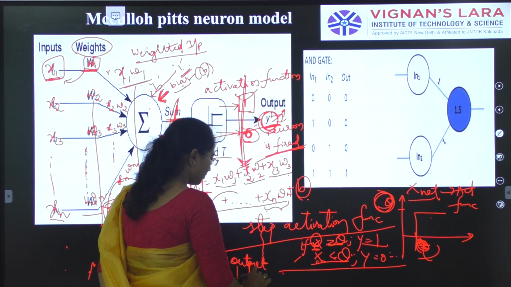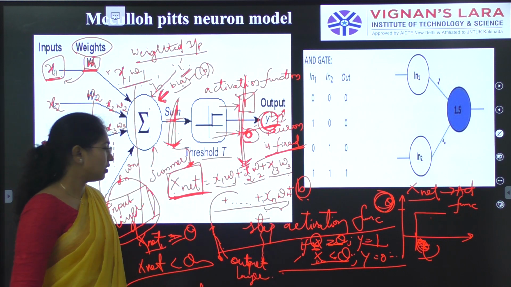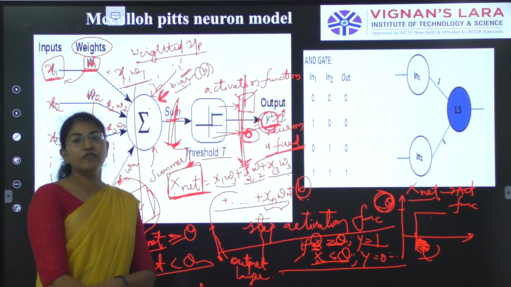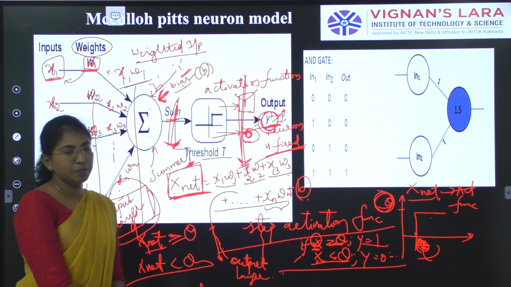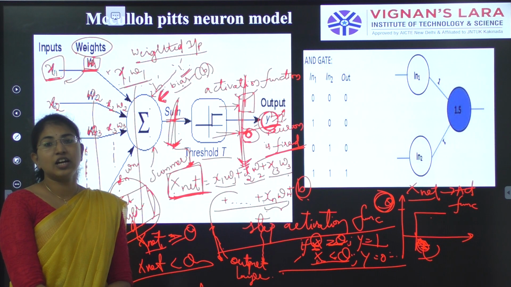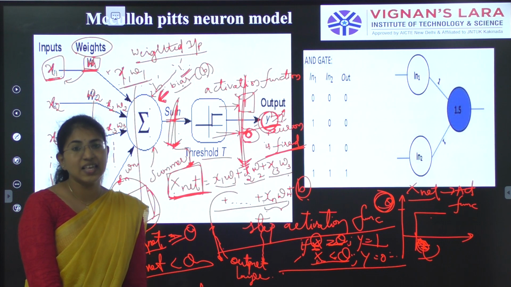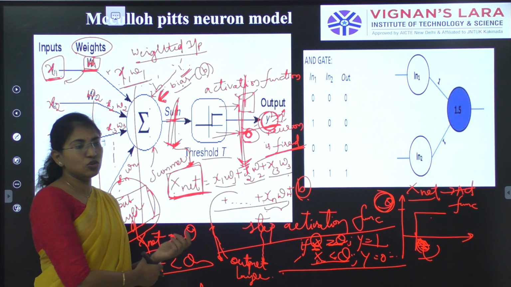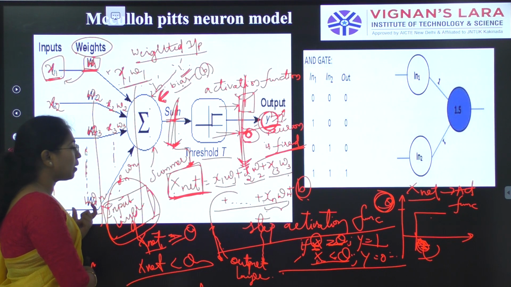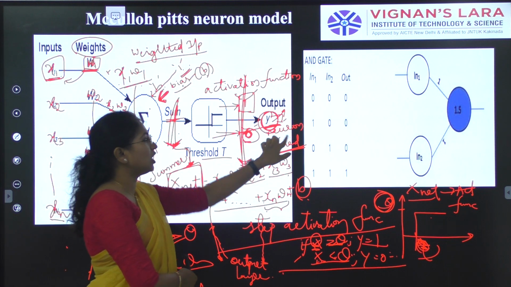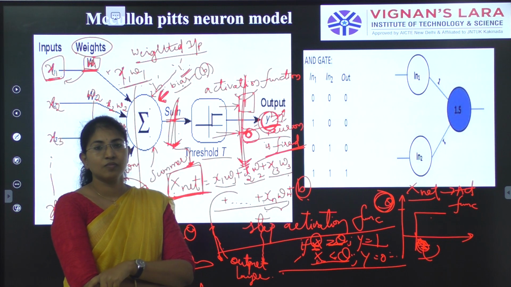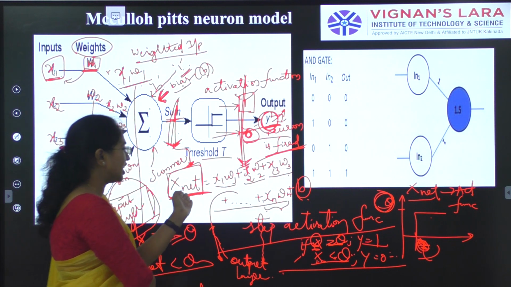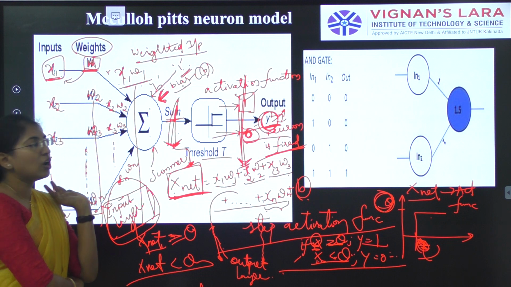So in the considered McCulloch-Pitts neuron model, we have n inputs and the output will be only 1. So this is about the McCulloch-Pitts neuron model.